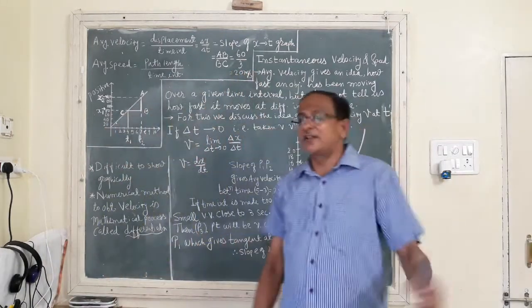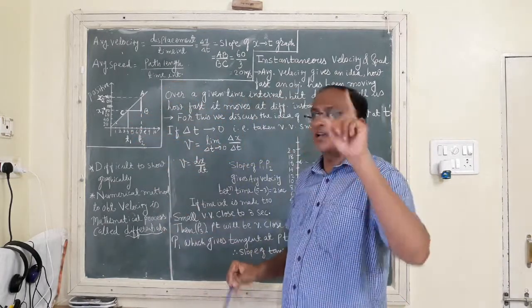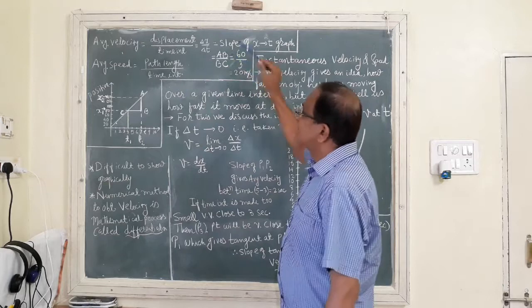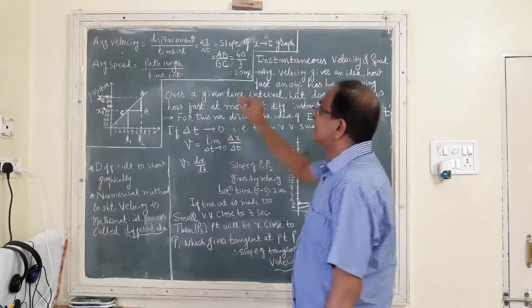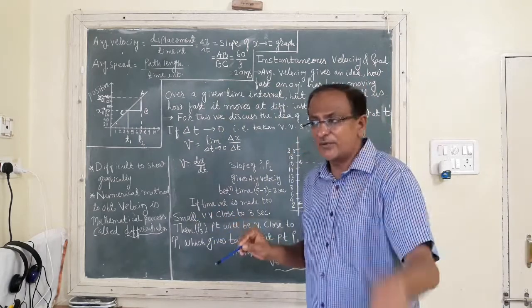Try to understand average velocity. You can take any 2 points, because it is a straight line, and the answer will be the same. So if the graph is a linear graph, it shows uniform motion.